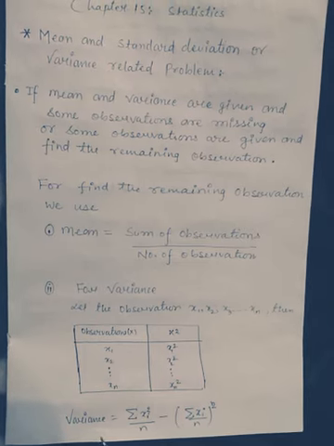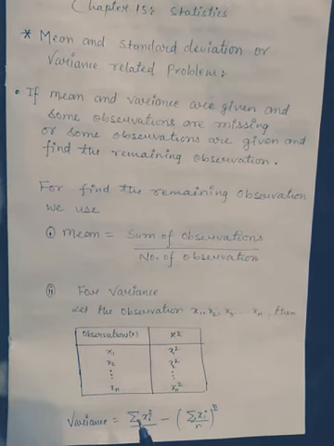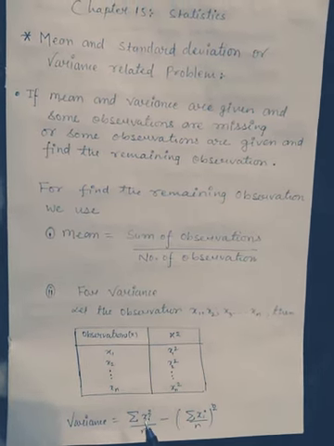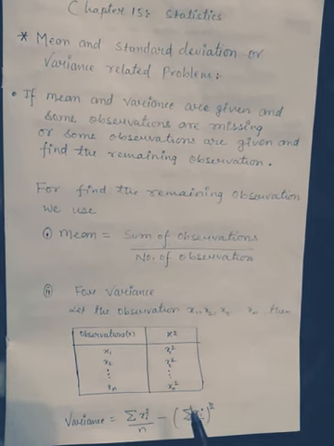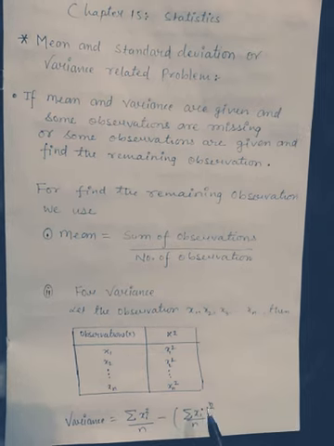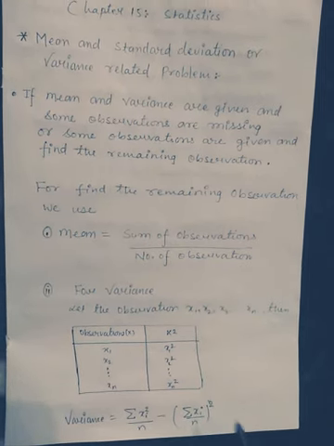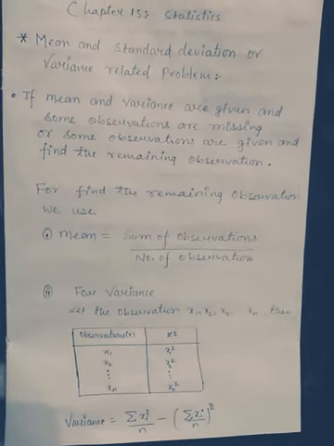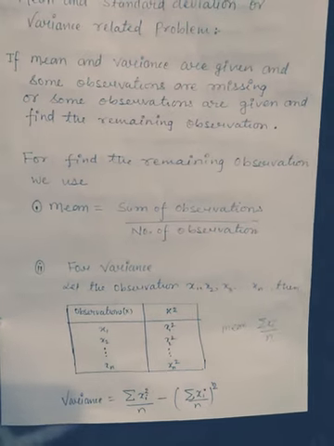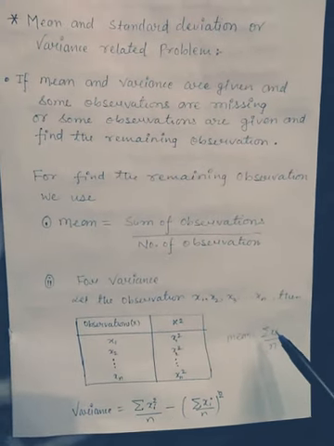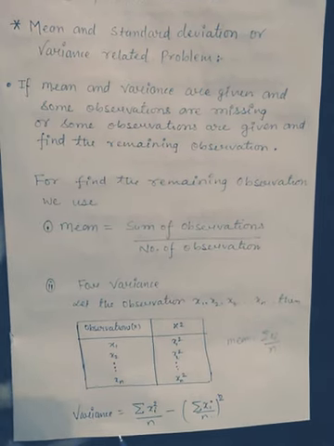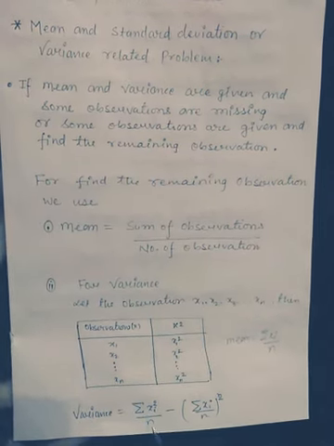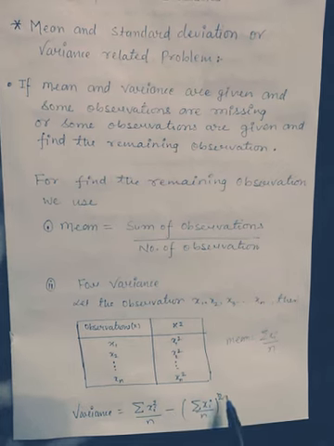We use the formula for variance: summation of xi square upon n minus summation of xi by n whole square. And also mean is summation of xi by n. So we can say that variance is summation of xi square by n minus mean square.